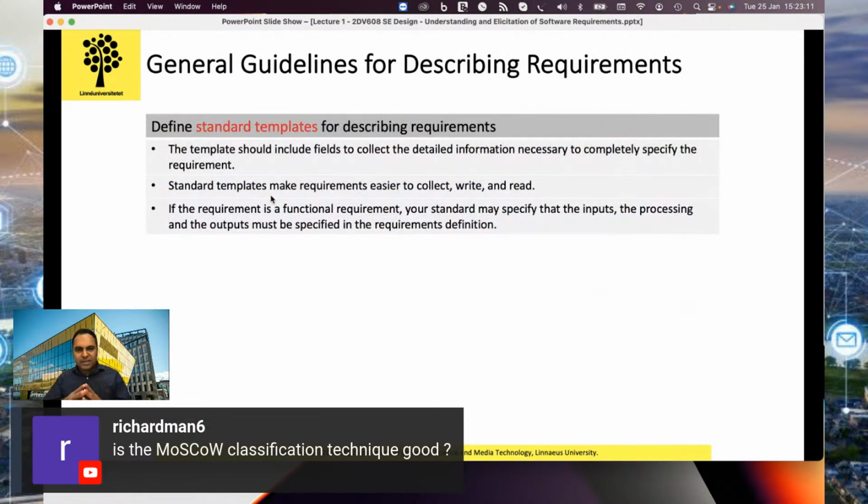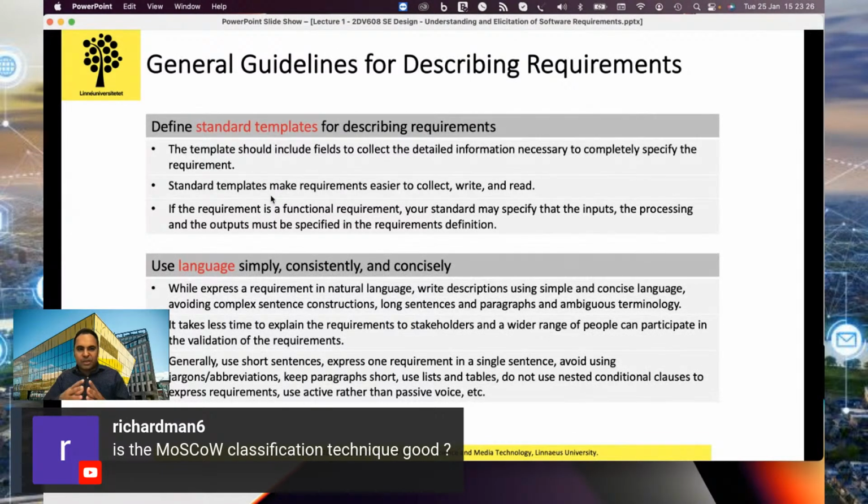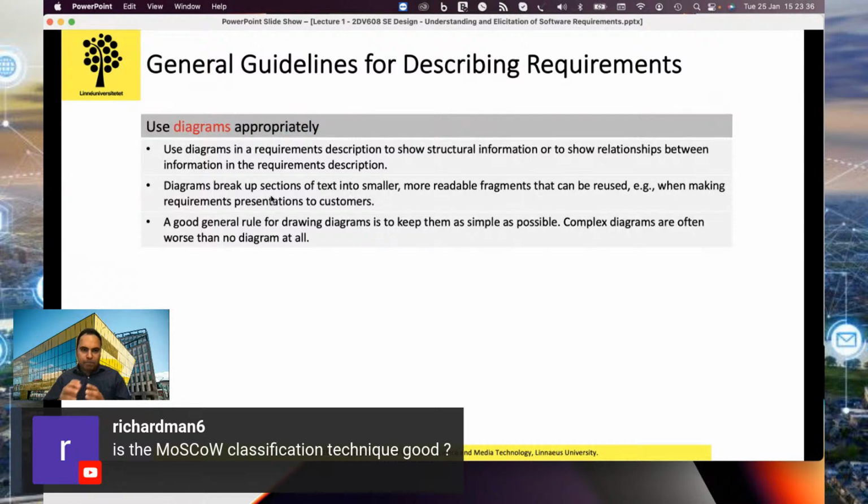There are some guidelines for describing requirements. For example, we should use standard templates that will facilitate requirements understanding. We should also use our language in a simple and consistent manner and concisely, not writing large paragraphs or large documents. Then we should use diagrams where applicable, because diagrams make things more clear.